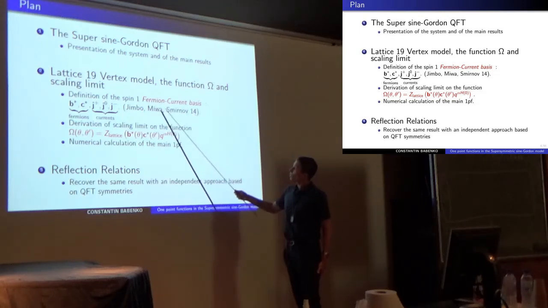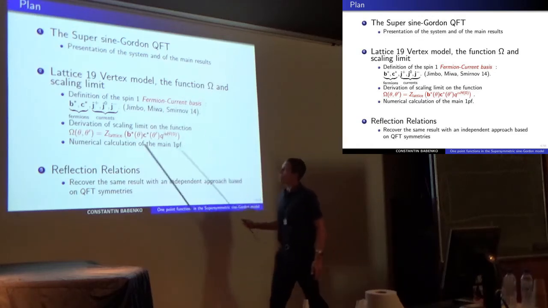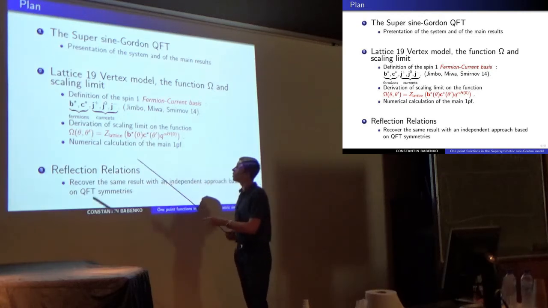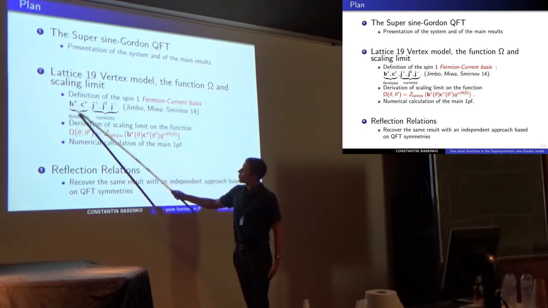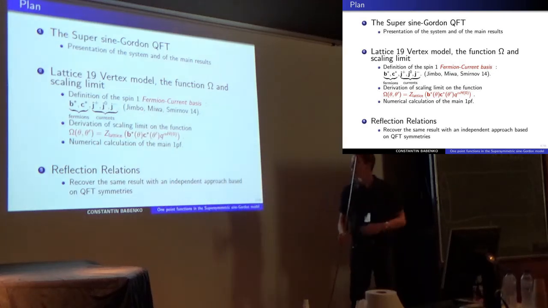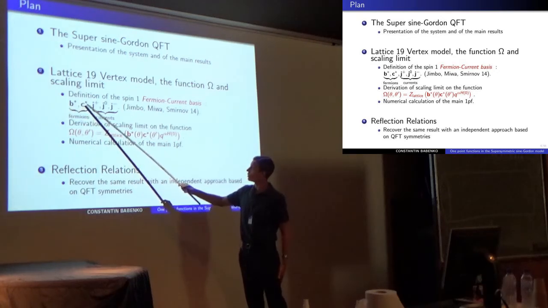They have introduced this spin 1, we'll call it the fermion current basis. So bold letters now mean spin 1 operators. Now, in addition to the fermionic part, there are also currents. But in this talk, we will be interested only in the fermionic part, this bold B star, bold C star.